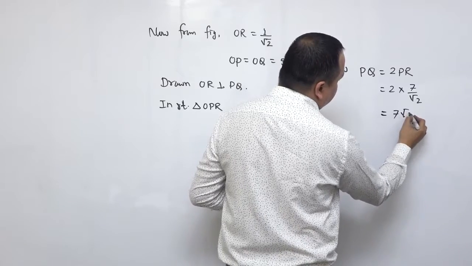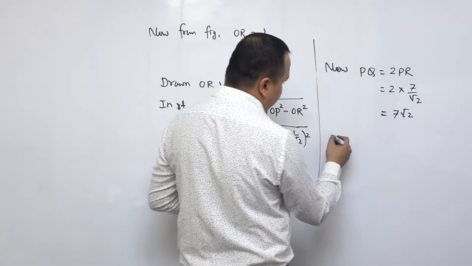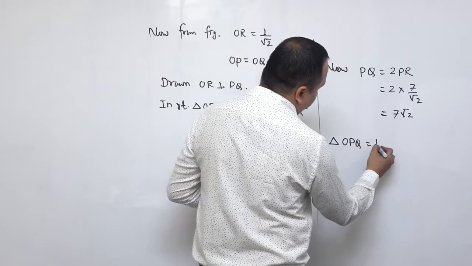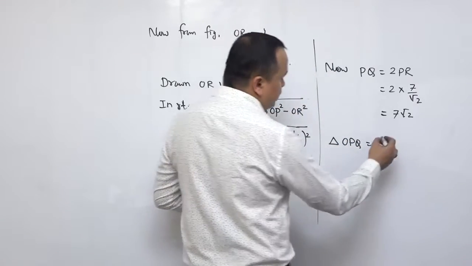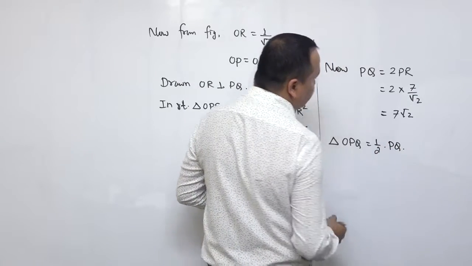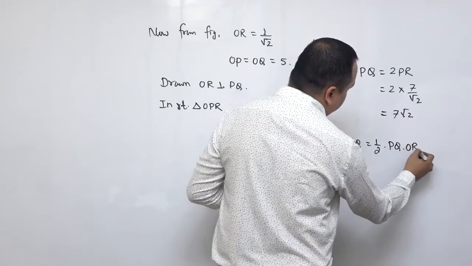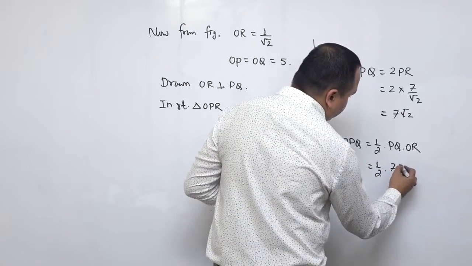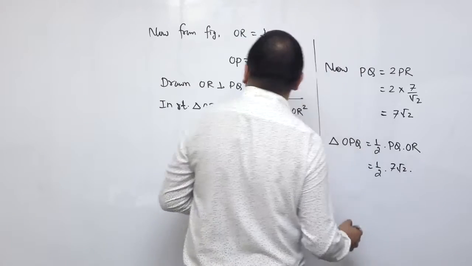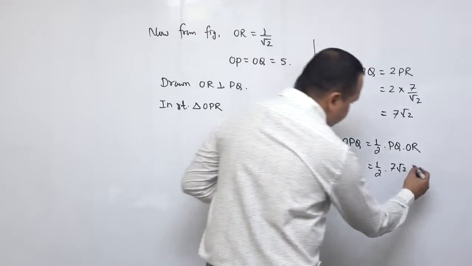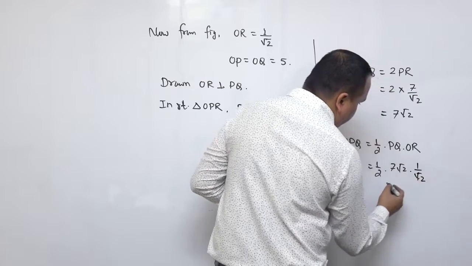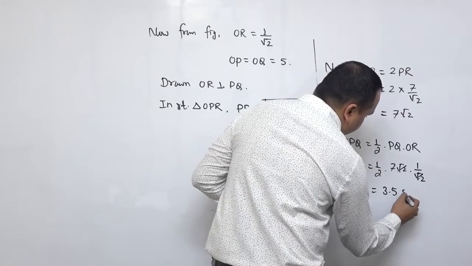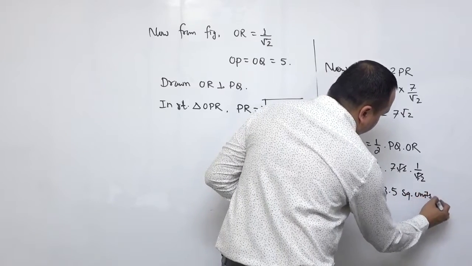Then 7 root 2. Finally, area of triangle OPQ is 1 upon 2 base PQ into height OR. 1 upon 2, here PQ is 7 root 2 into OR. OR is 1 upon root 2. The root 2 cancel. This is 7 upon 2, that is 3.5 square units.